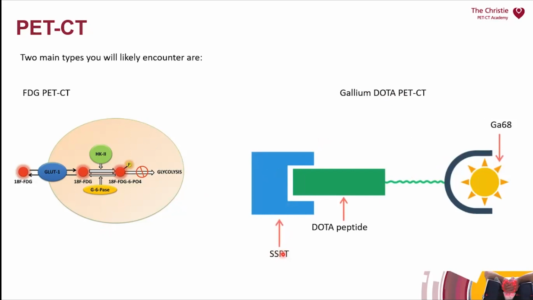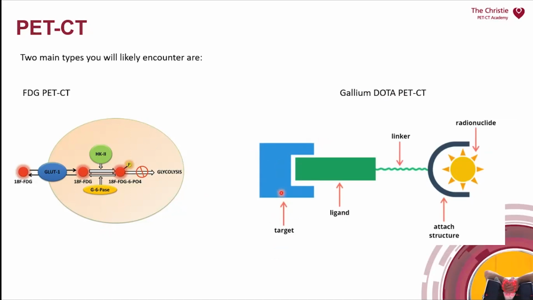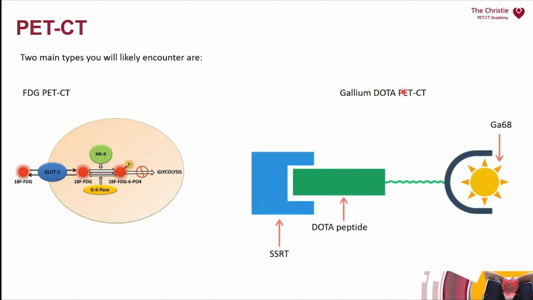There's more of them on neuroendocrine tumors than most other parts of the body. And this is looking at a diagram of what the tracer actually looks like on a molecular level. You have a particular part of the tracer, which is the DOTA part of the name, that attaches onto the receptor, and that's linked to a radioactive substance, which is the gallium.